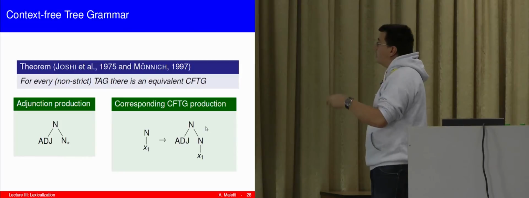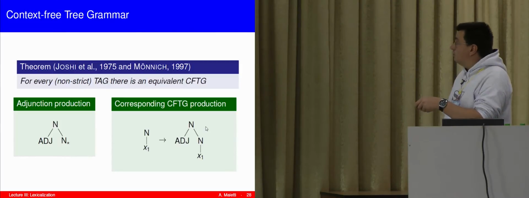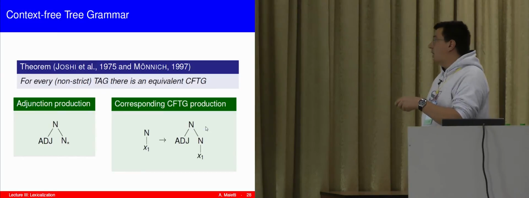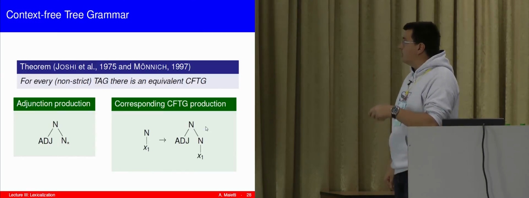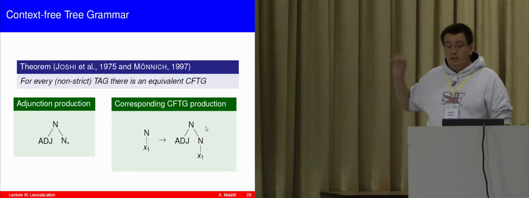And it was later formally proved by Maneth in '97 that for every, well, this is a strong variant, so it includes the normal TAG, there's an equivalent context-free tree grammar of this particular shape.